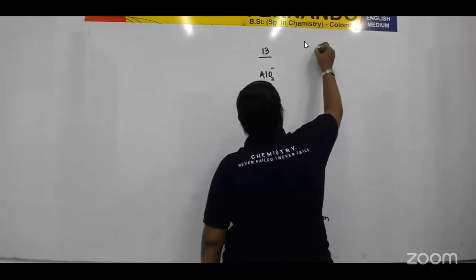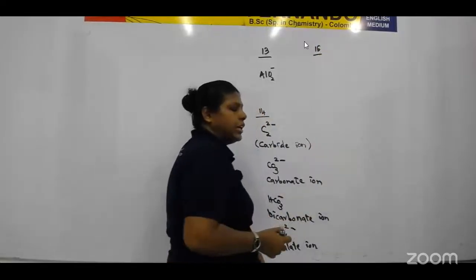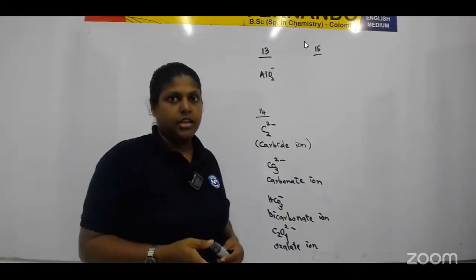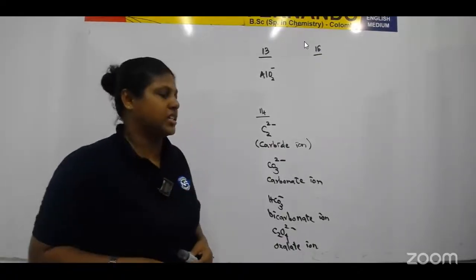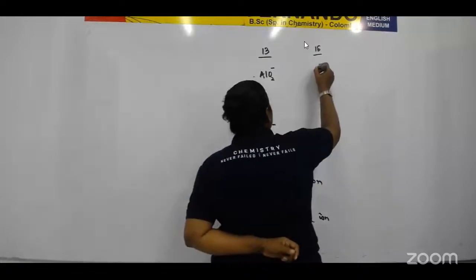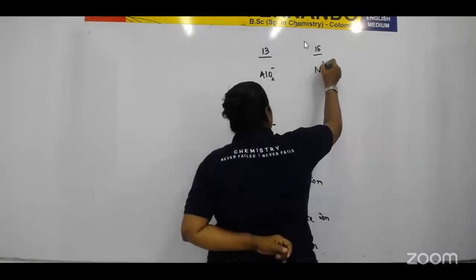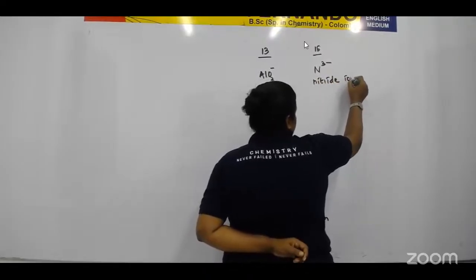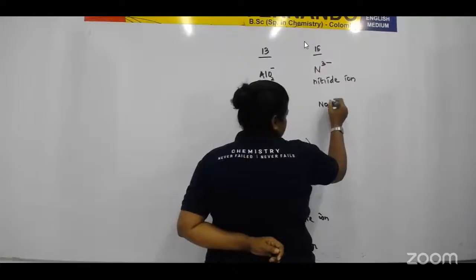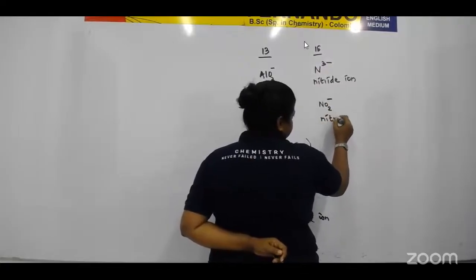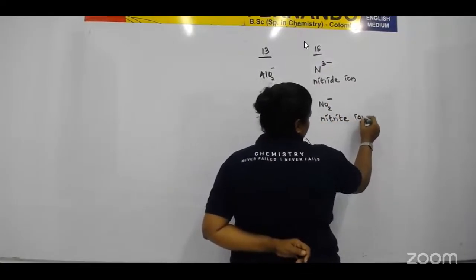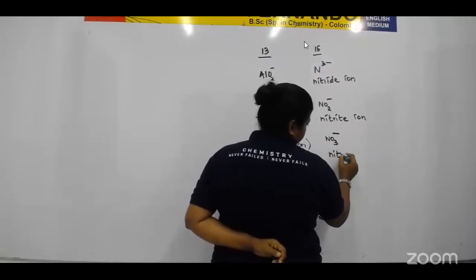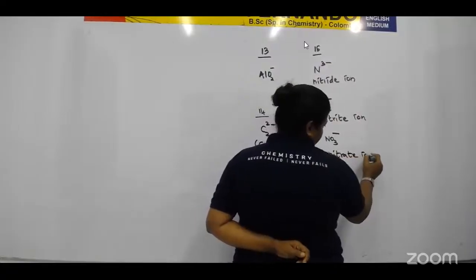Group 15, what are the elements belonging to group 15? Nitrogen, phosphorus, arsenic, antimony, bismuth. The anions produced by nitrogen: the first one is nitride ion. Then NO2 minus, nitrite ion. Then NO3 minus, nitrate ion.